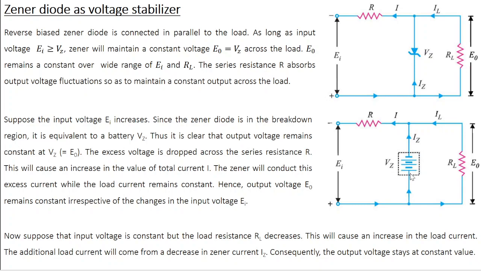RL is parallel to this battery, so whatever is the voltage here, the same thing is going to be dropped across R. As long as VZ is constant, the output across the load resistance is also going to be constant at VZ.